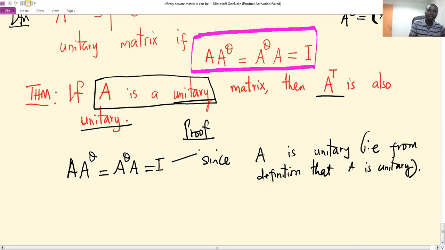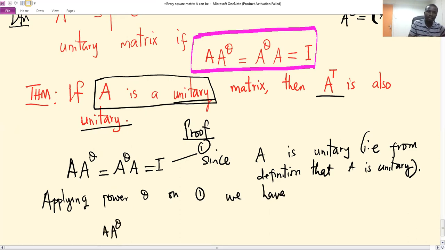Now, let me call this one equation 1. Applying power theta on 1, we have A power theta power theta equals A theta power theta equals I power theta.